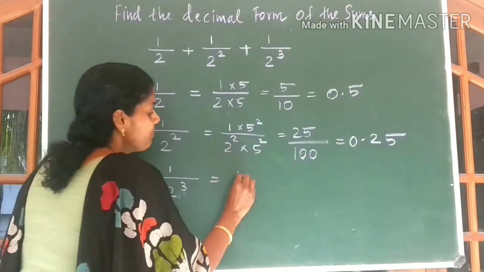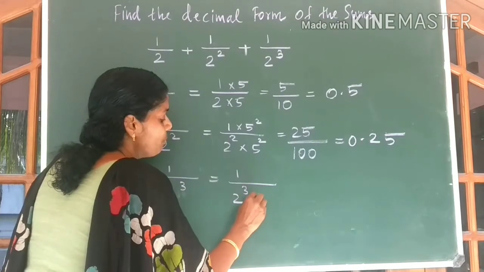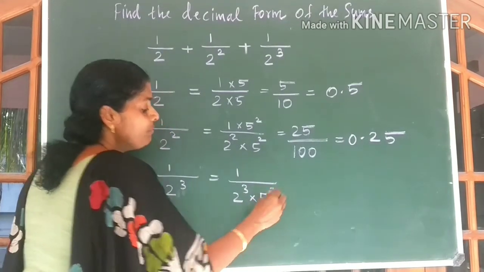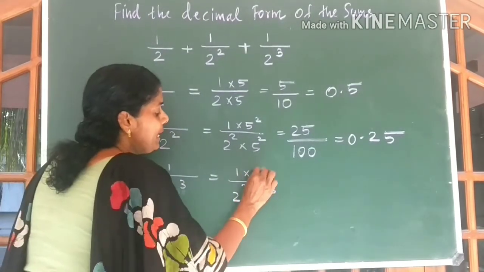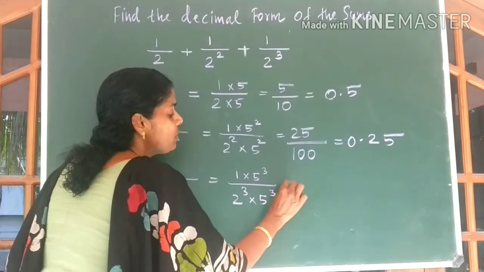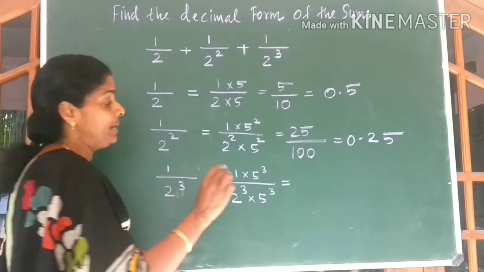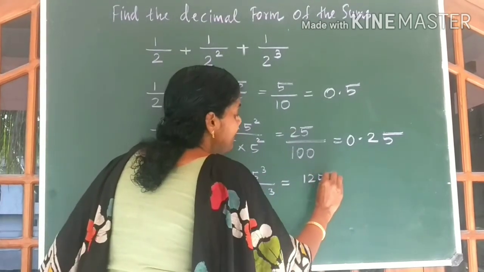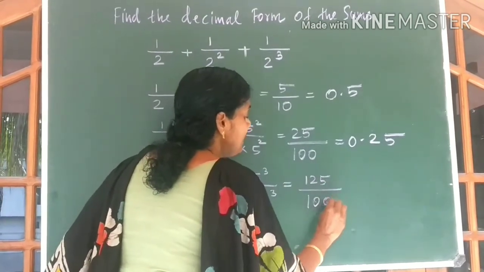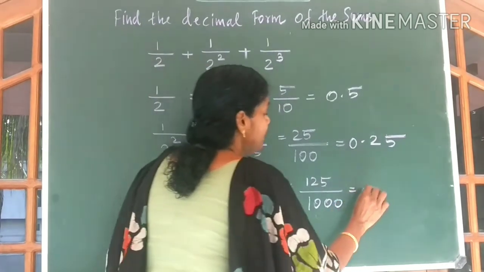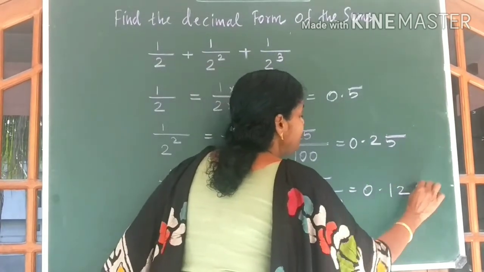Last one, 1 by 2 cube. Multiply it with 5 cube. Multiply a 5 cube in the numerator also. What is 5 cube? 5 into 5 into 5. So you get 125 divided by 1000. That is equal to 0.125.